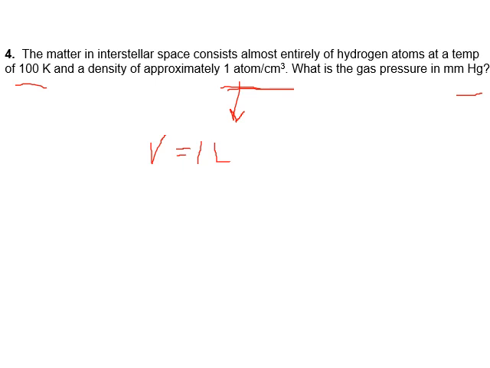If they had told me what the volume was, then I'd have to use that, right? But they didn't. So how many atoms would be in 1 liter if you have 1 per cc? Or another way of asking that is how many cc's are in 1 liter? So think back to the beginning of class. We said that a cc, a milliliter, and a centimeter to the third are all the same volume.